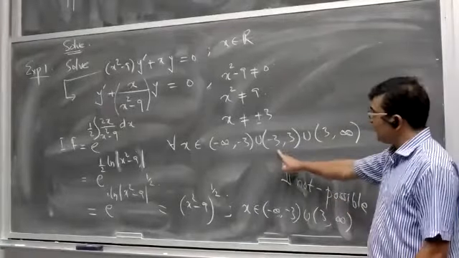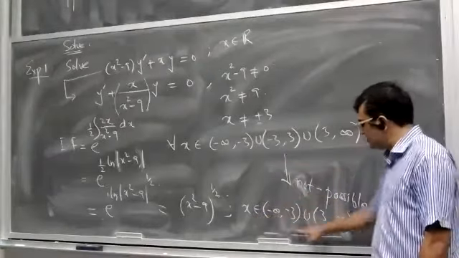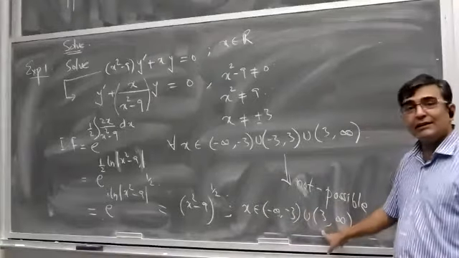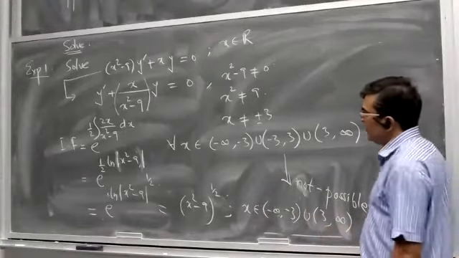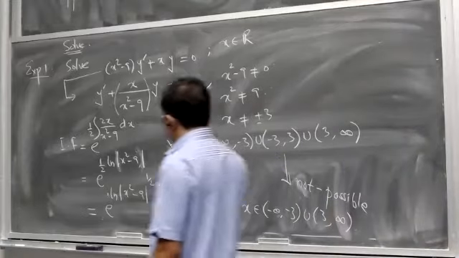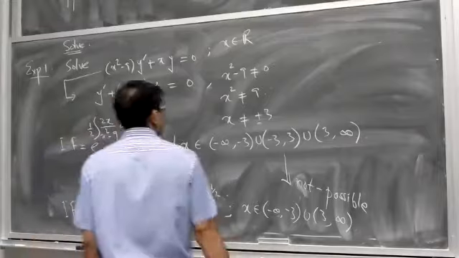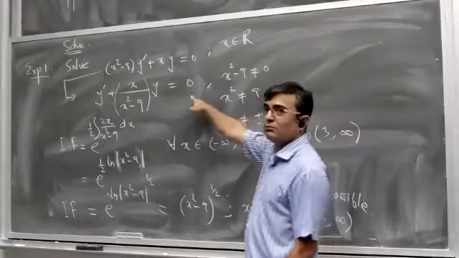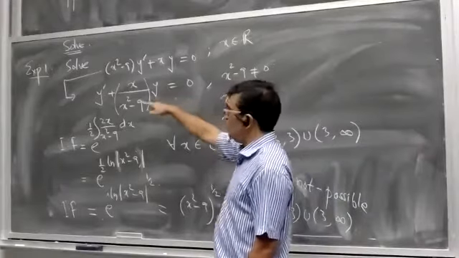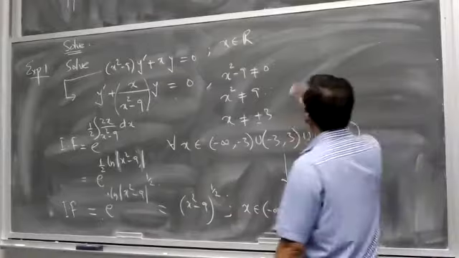So you have to exclude this interval as well. You have to mention here that x belongs to these two intervals, union of these two intervals. Now, once you get your integrating factor, then you multiply the original equation, this one in the standard form, with the integrating factor.